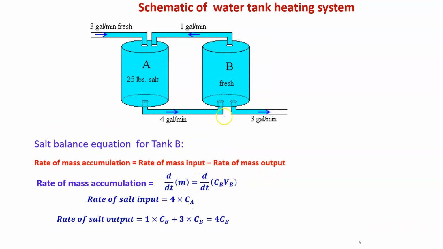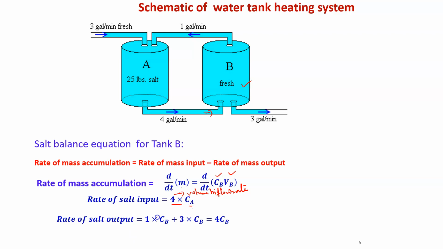The rate of mass accumulation is d/dt of Cv times Vv. For the rate of salt input, there is one input, with a volumetric flow rate of 3 gallons per minute, where one solution is coming to tank B. The concentration of the salt is Ca, the solution concentration in tank A, so we can write 4 into Ca. That is the volumetric flow rate into concentration, so that will be the rate of salt input.